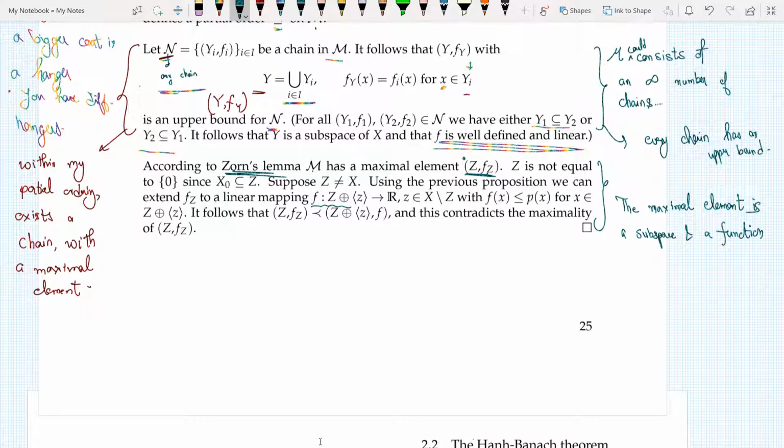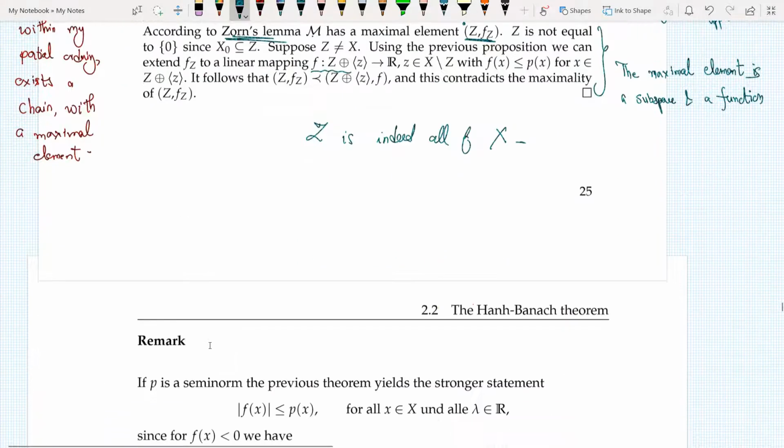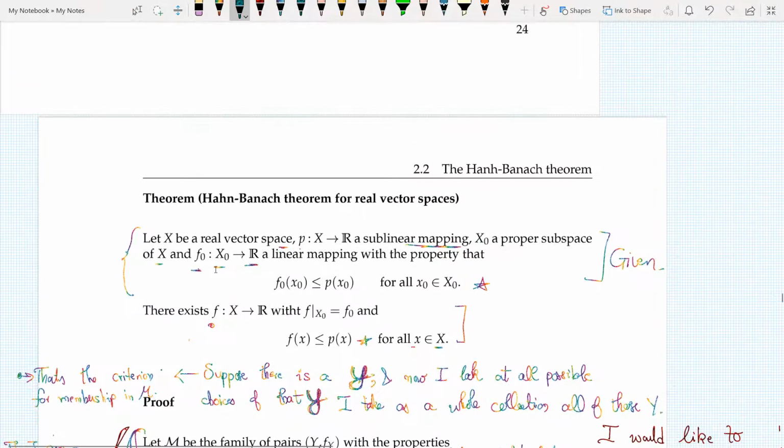So my assumption was wrong and Z is indeed all of X. And in this way, I prove my Hahn-Banach theorem for real vector spaces.